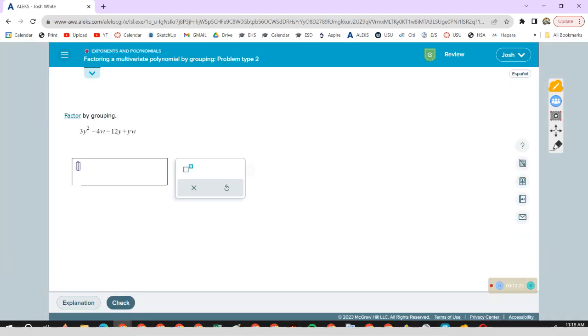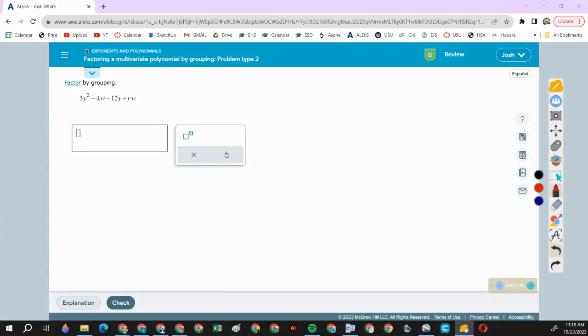All right, here is another grouping. What does the first one share? The first two share? Nothing. So I'm just going to pull out a 1. 3y squared minus 4w. And then what does the second one share? Just a y.